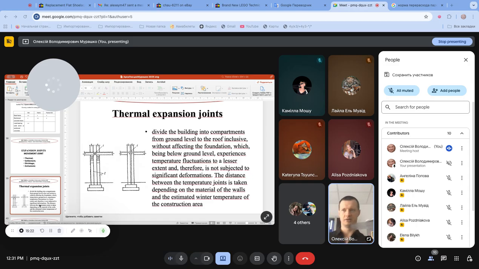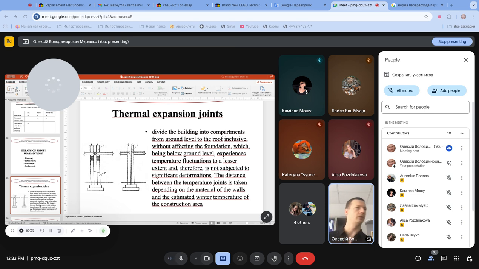So heating leads to extension, and cooling down leads to contraction of the element. And when we're talking about something like this, at 31 centimeters length, you will not see significant deformation.